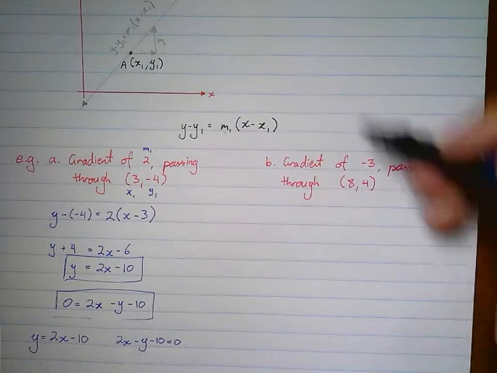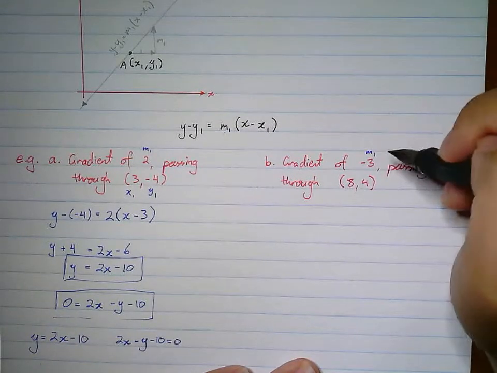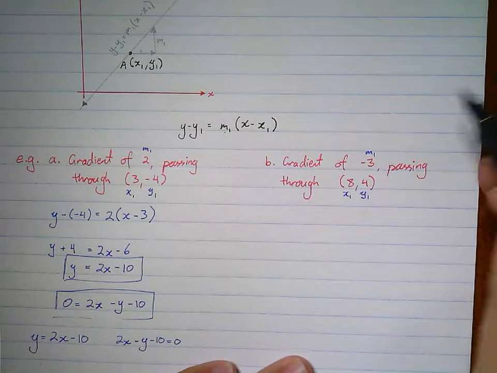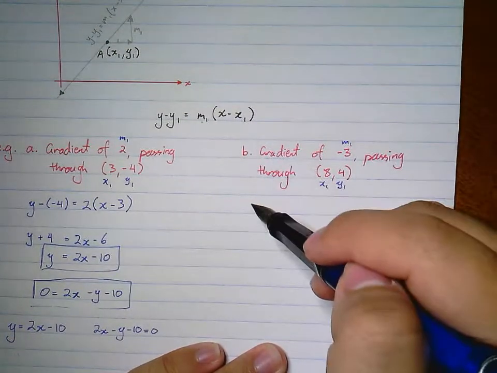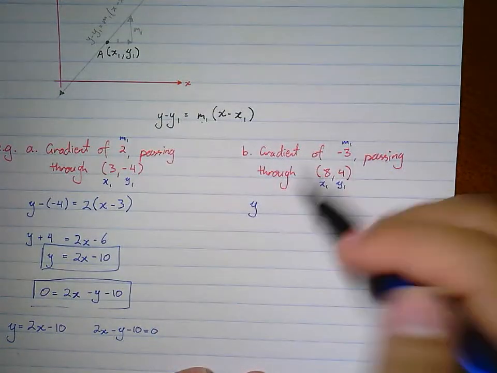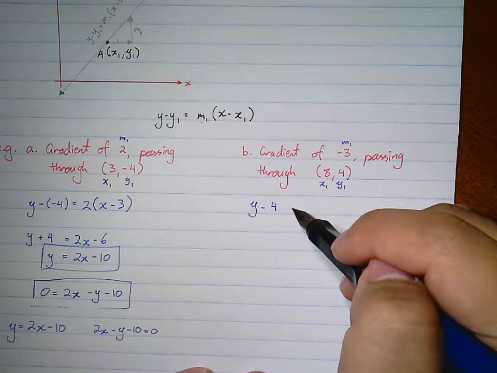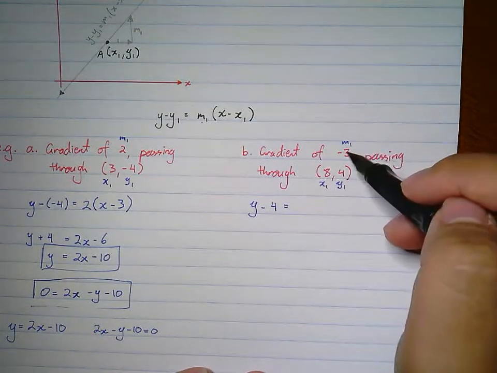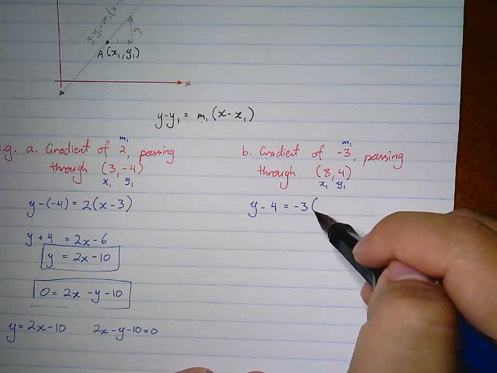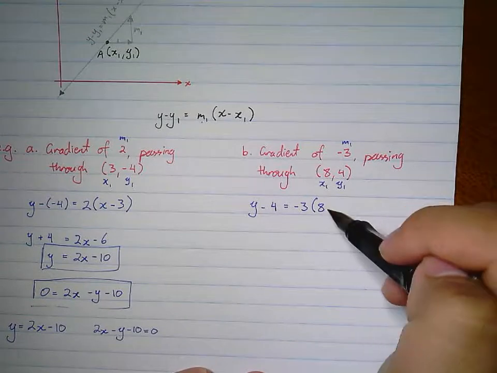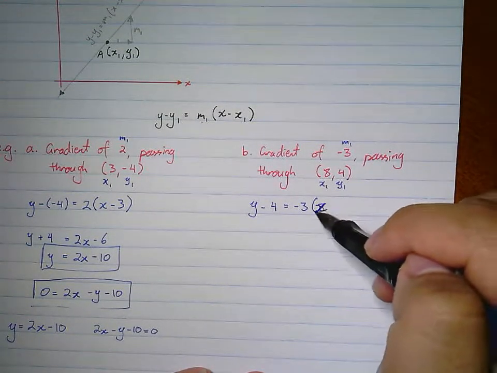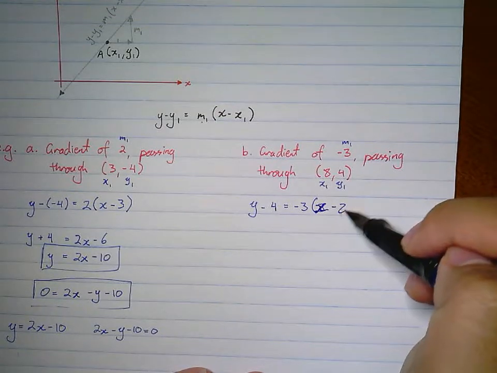Once again, here we have our gradient m1, our x1, and our y1. Using our formula once again, it's y minus y1, so minus 4, equals the gradient m1, which is negative 3, bracket x minus 8.